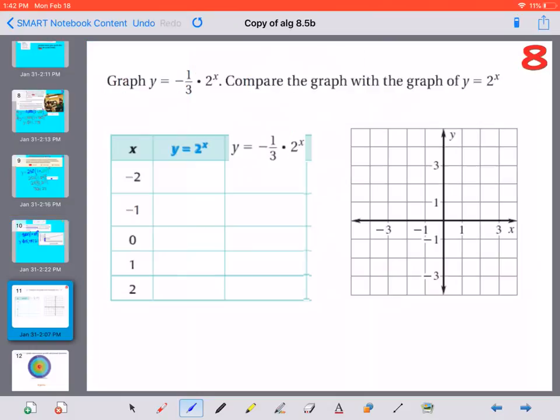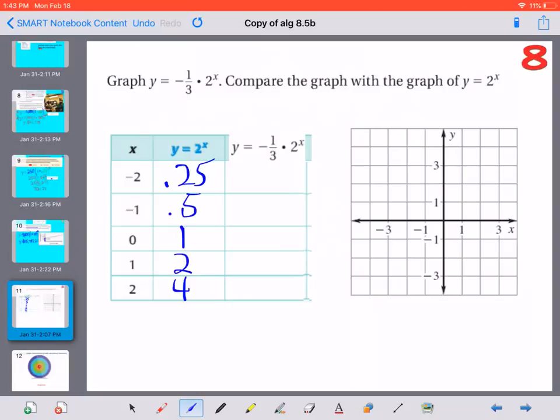Last one. We are going to graph y equals 2 to the x. Well, 2 to the 0 power is going to still be 1. To the 1 power will be 2. To the 2 power will be 4. 2 to the negative 1 is going to give us 0.5. And 2 to the negative 2 is 0.25.